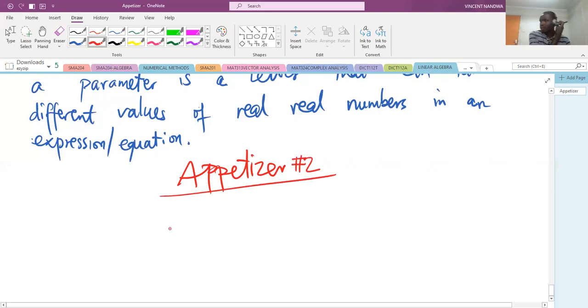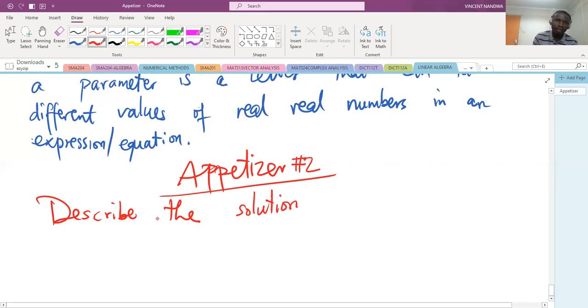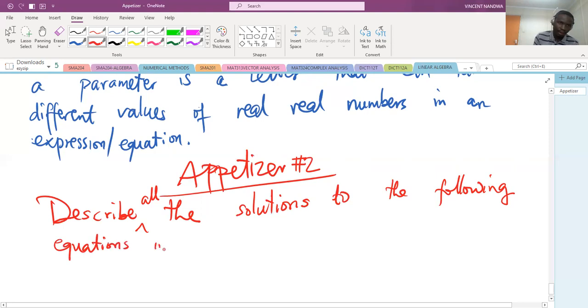Appetizer 2: describe all the solutions to the following equations in parametric form.